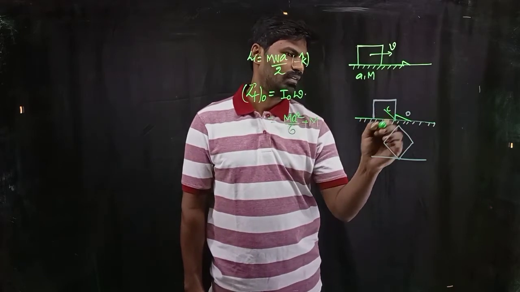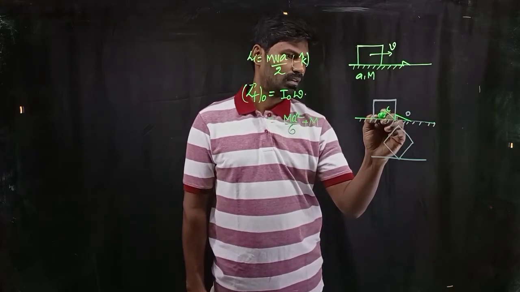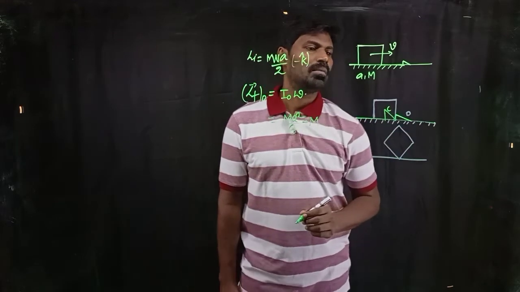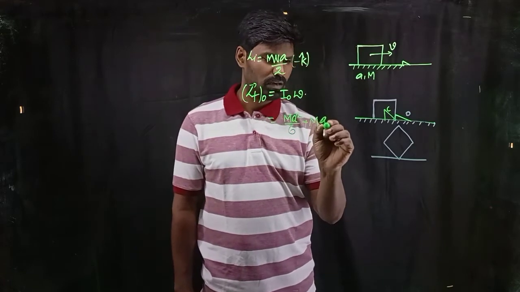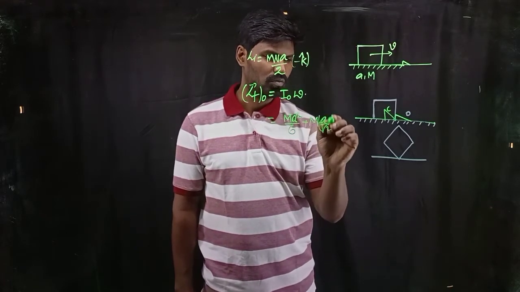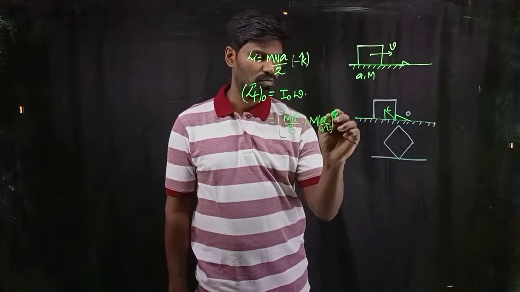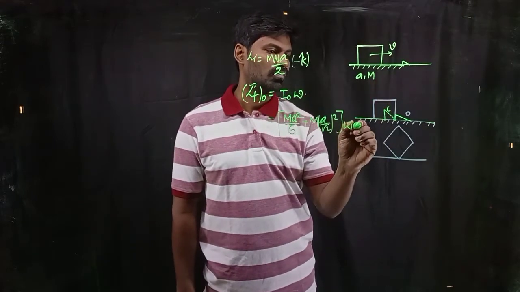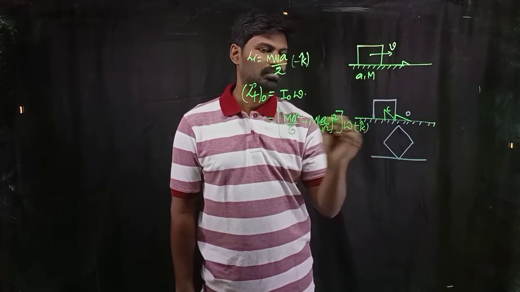That is this length I want. So the distance from here to here is how much? A by 2. This is A by 2. This will be how much? A by root 2. So A divided by root 2 whole square into omega, which is rotating in this sense, no? Because of which minus k cap.